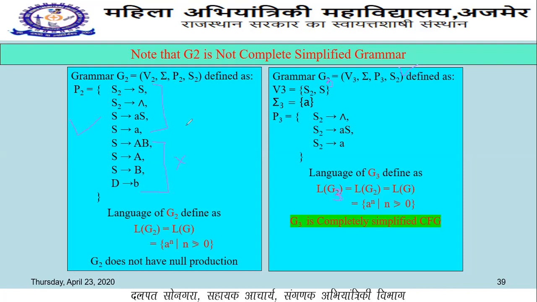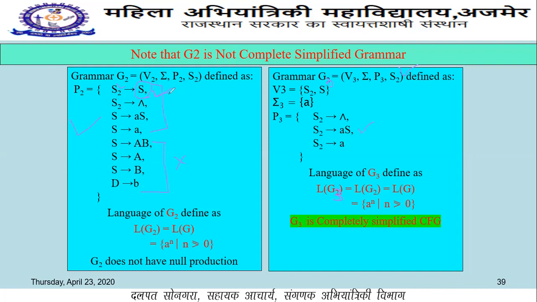Now of course this S2 tends to S is a unit production, so whatever is derived by S, that is also derived by S2. So we eliminate this production and include new productions, that is S2 derives small a and capital S, and S2 derives small a, like this.